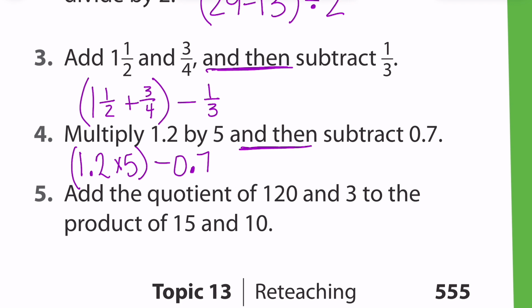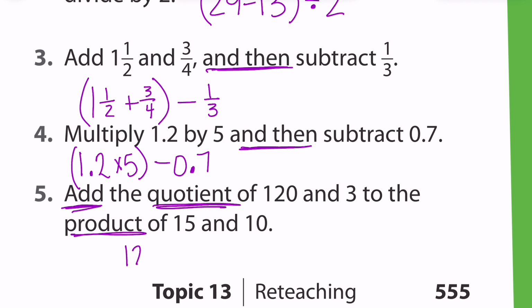Number 5, add the quotient of 120 and 3 to the product of 15 and 10. So we have quotient, we have product, and we have to add those two things together. Quotient tells me to divide, product tells me to multiply.